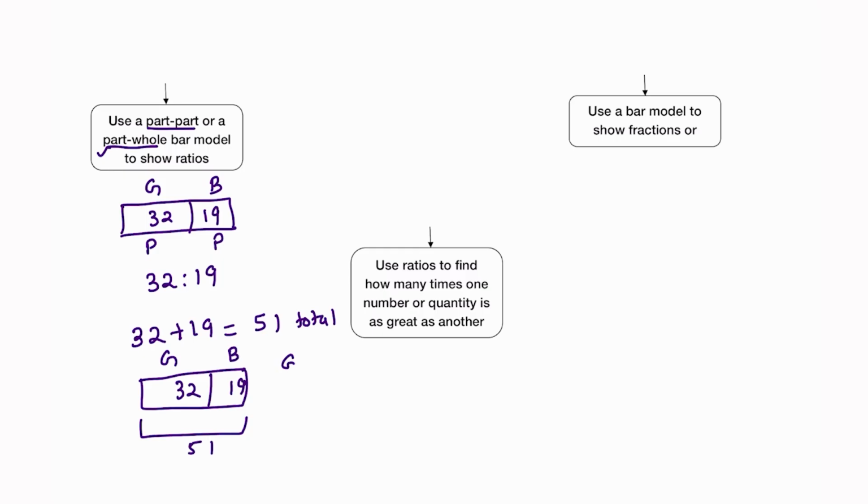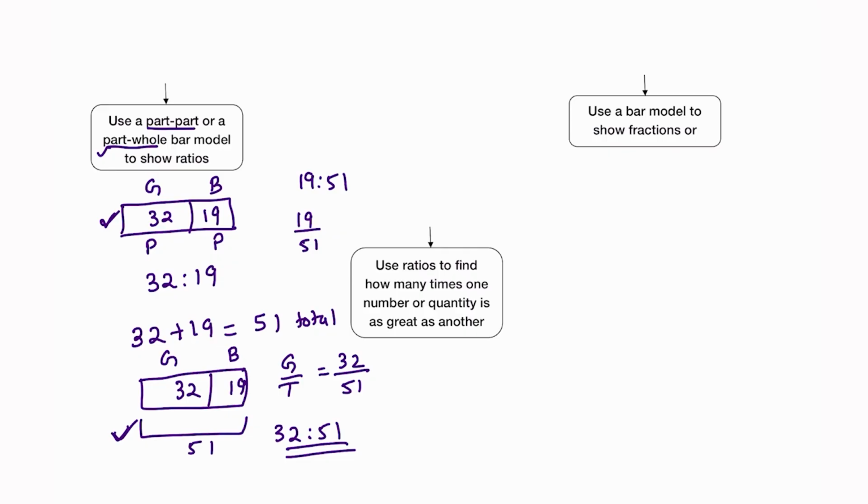So girls to total will be 32 upon 51, that's 32 is to 51 as well. And if it was boys, we would say that's 19 over 51 or 19 is to 51. That's how we work with the part or part-whole bar model to show ratios.